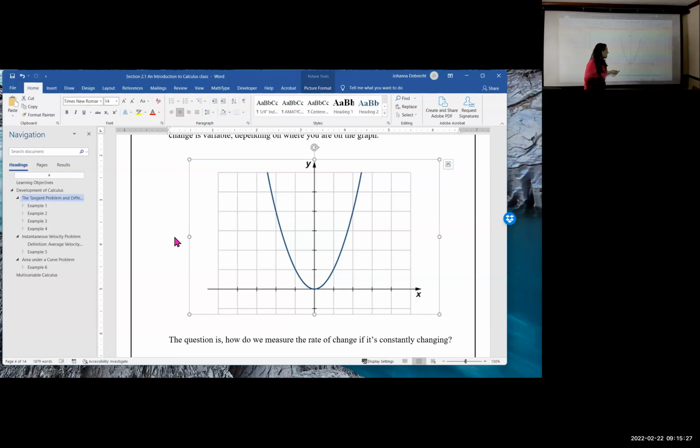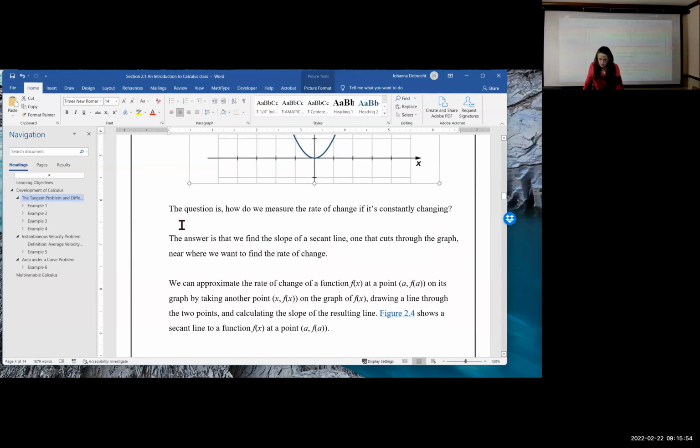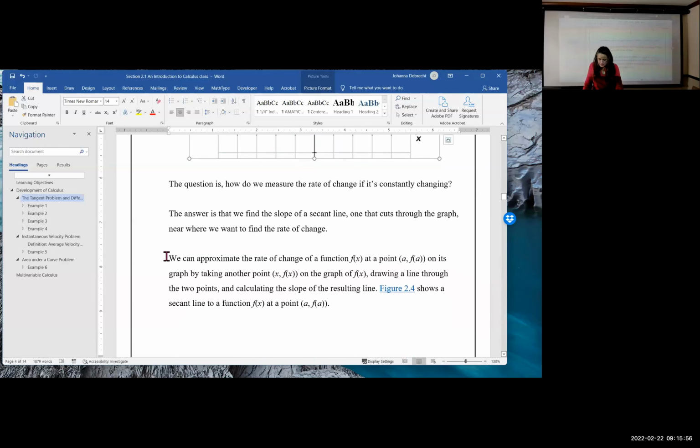And then on the right side of the graph, we've got a positive rate of change where the y value is going up a little bit for the x value going to the right a little bit. And then it gets faster and faster. The y value increases more for every move to the right the x value makes. So they have this problem of how to quantify how fast that rate of change was. So that was one of the problems that they had.